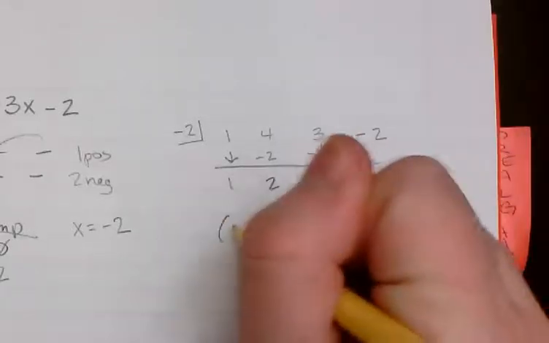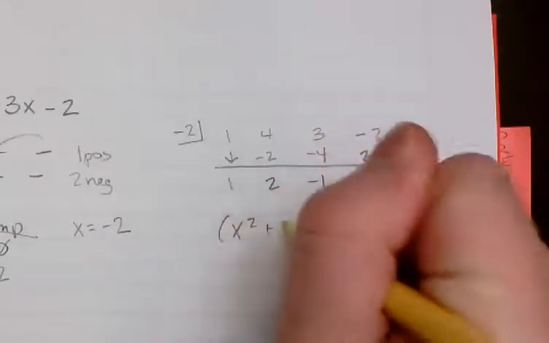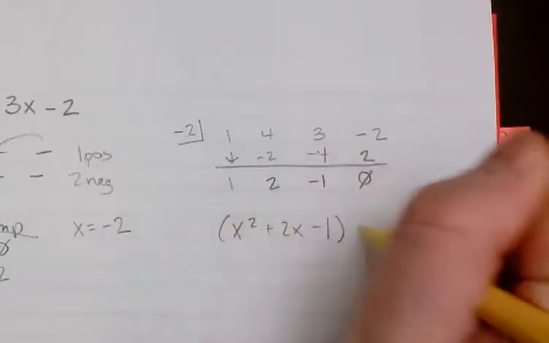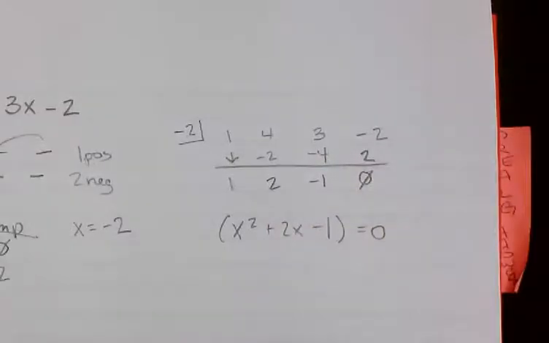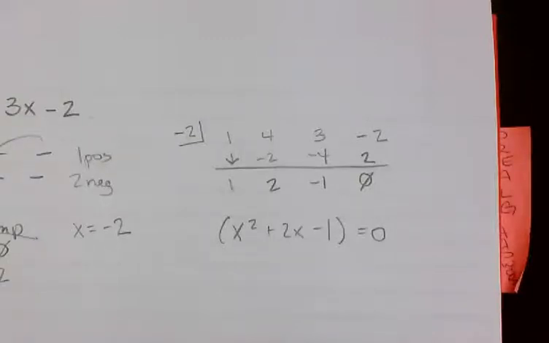So now I have x squared plus 2x minus 1 equals 0. I can't factor that, so I might have imaginary solutions, I might have real solutions. I'm at least going to have something, so I'm going to do the quadratic formula.